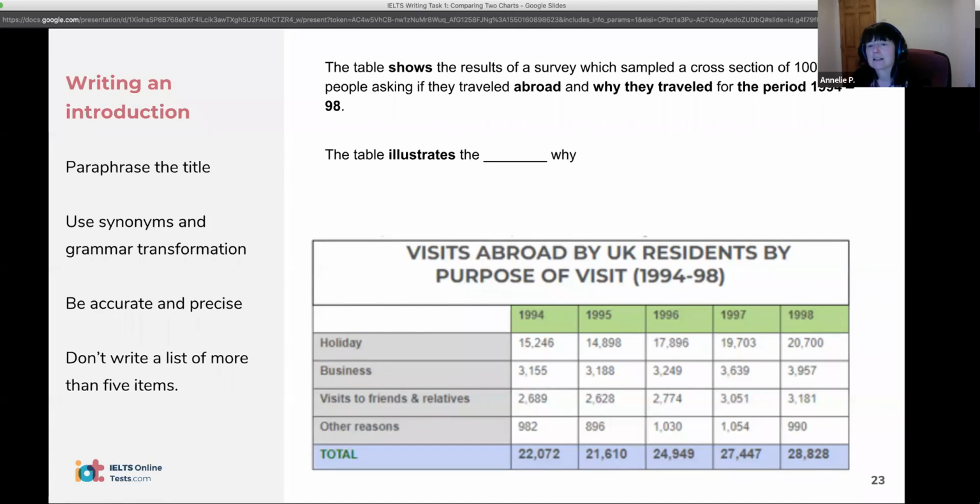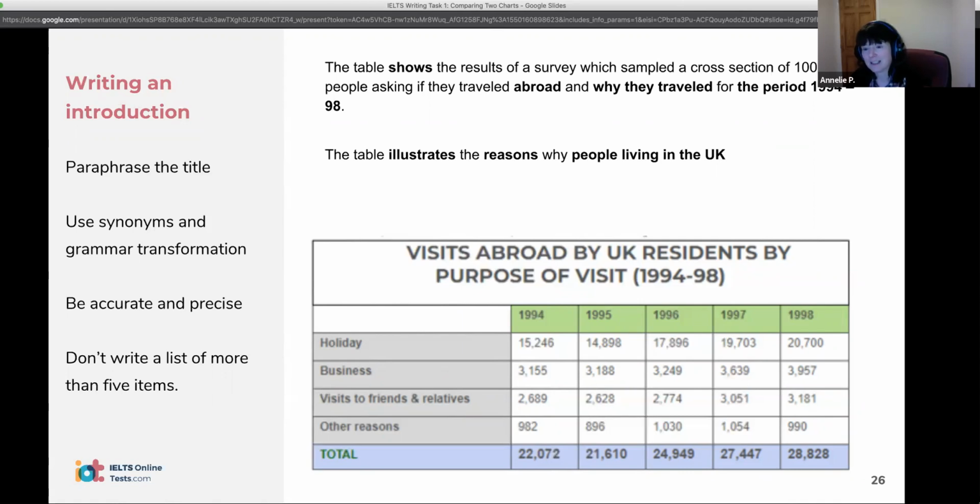Okay, and instead of saying why they traveled, we've put this earlier on, and we're going to say the reasons why people... Very good, Kier and Atta. Did what? Yeah, so it's partly, maybe traveled. Where did they travel? We don't want to say abroad. What synonym can we use for abroad? Very good, overseas.